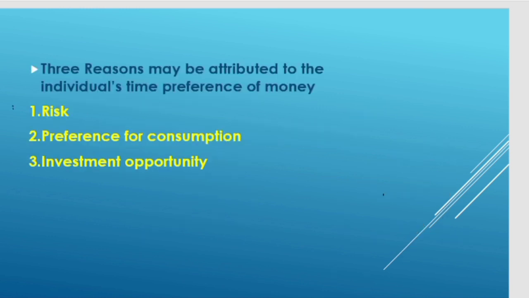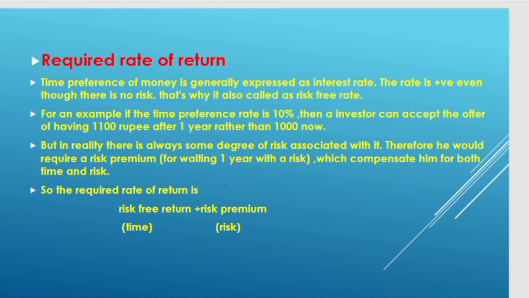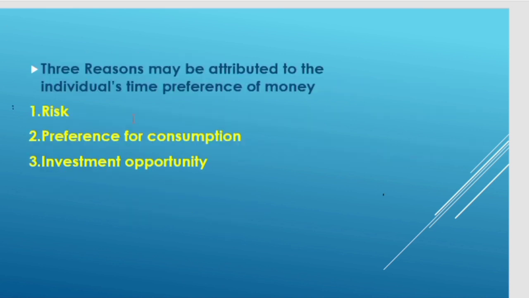Because there is always an uncertainty that the 1000 may not be available to me after 1 year, or the value of 1000 now is not the same after 1 year.